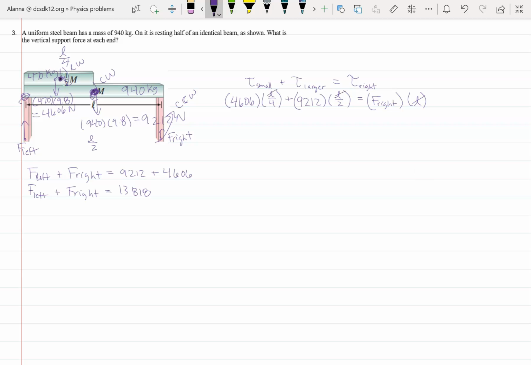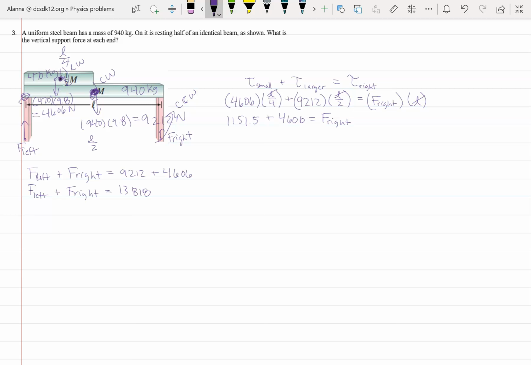So we want to make sure we're doing all of our algebra correctly. So 4,606 divided by 4, and 9,212 divided by 2. And this looks like the word fright, but I hope you guys aren't too frightened by this.